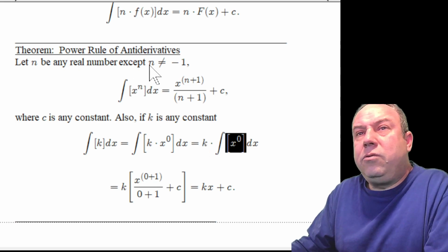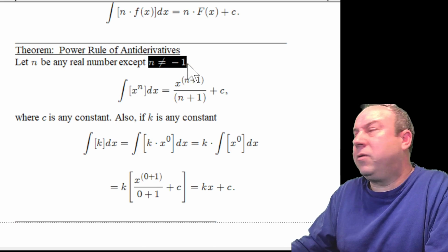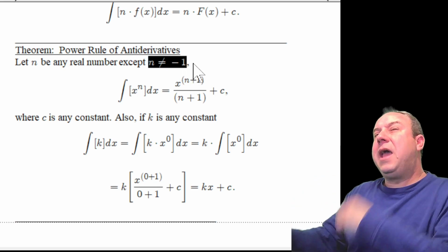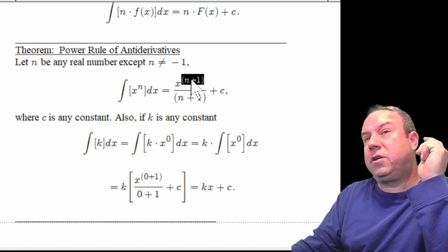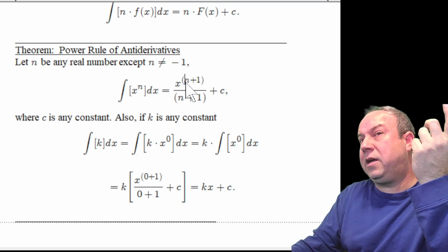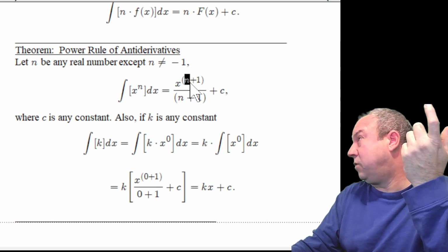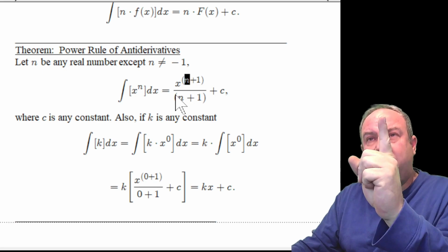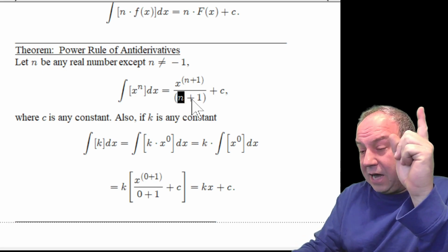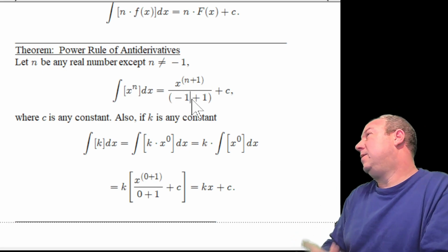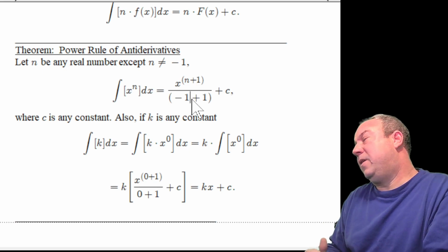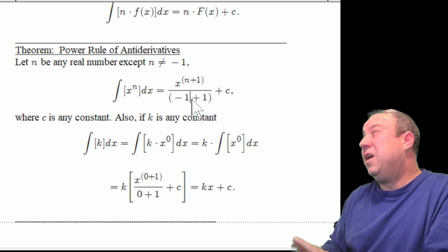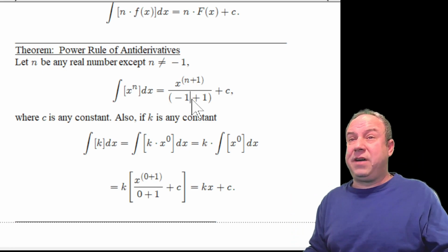Now, we do note there is one exception for a power up here, and that is that x can't be raised to the negative first power. The reason is that, first of all, if I plug in -1 here, I'll have -1 plus 1, which results in 0. I'll have x to the 0 power up top, which will turn into 1. But I'm going to have to divide by -1 plus 1, and dividing by -1 plus 1 is dividing by 0, and the whole value becomes undefined.